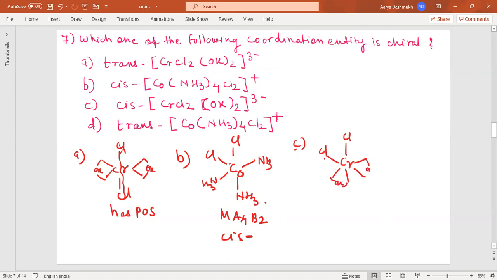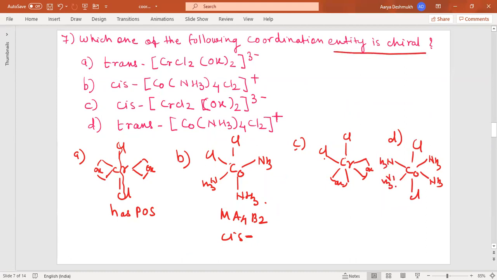So this is the correct structure for this third one, option C. And then the D option, trans [Co(NH3)4Cl2]. So Co here, trans Cl and Cl. This will give the trans structure with NH3, NH3, NH3 and NH3.